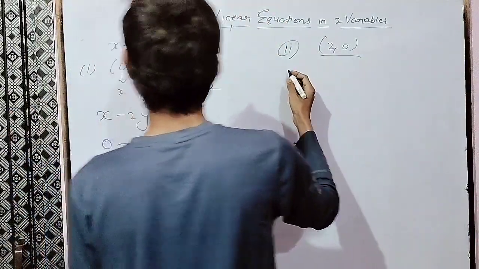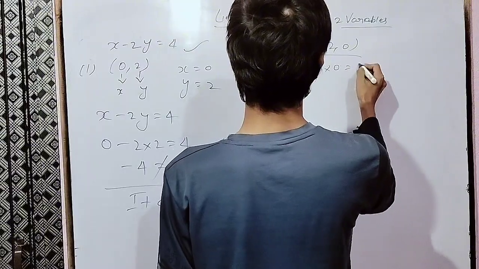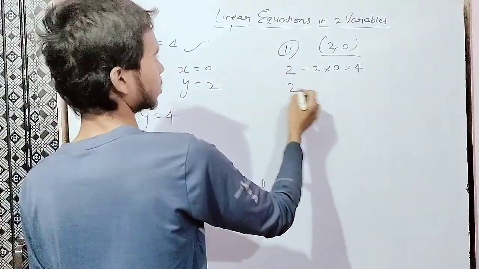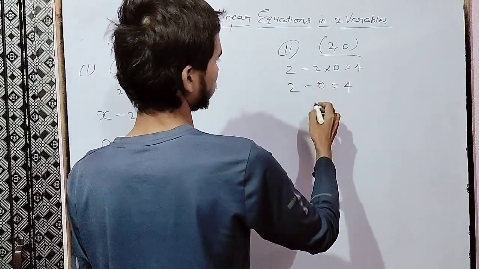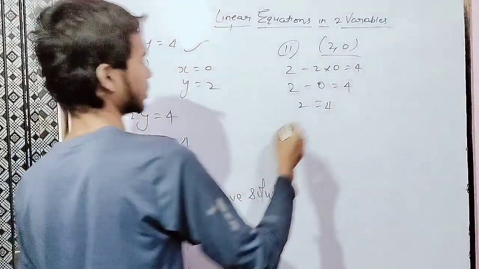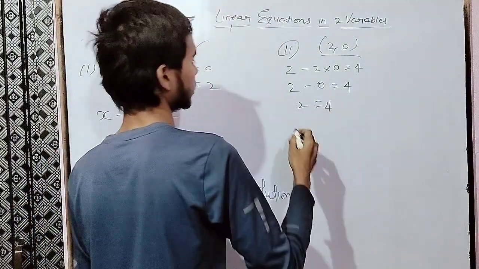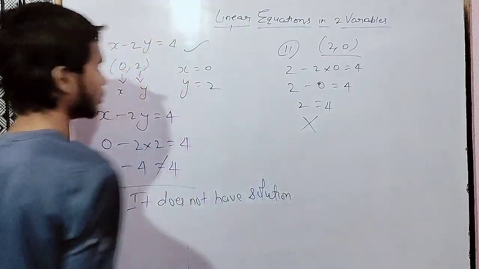We just have to put them in. So 2 minus 2 multiplied by 0 becomes 2, and the right side is 4. This is still different. That's why it doesn't have a solution.